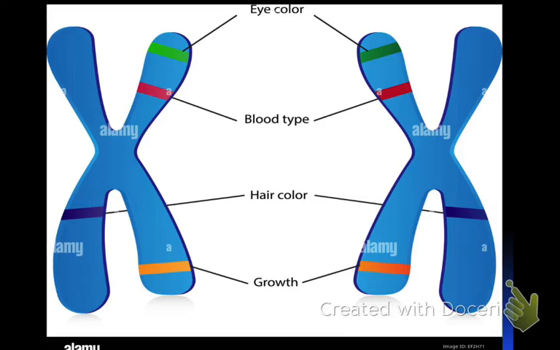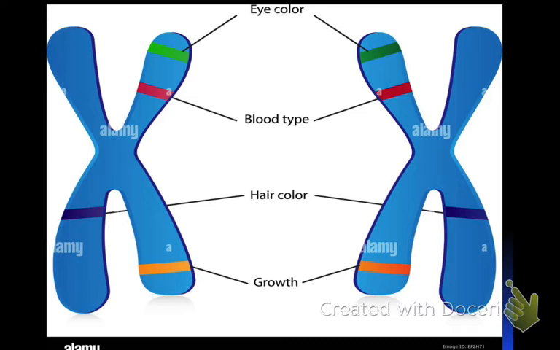Everyone that had blue eyes would have the exact same shade of blue, and it's not that way. There's all different kinds of brown, hazel, real dark brown, light blue, gray blue, and that's because we have these alleles. They're the same gene, but they are a little bit different in how they're going to express that trait.